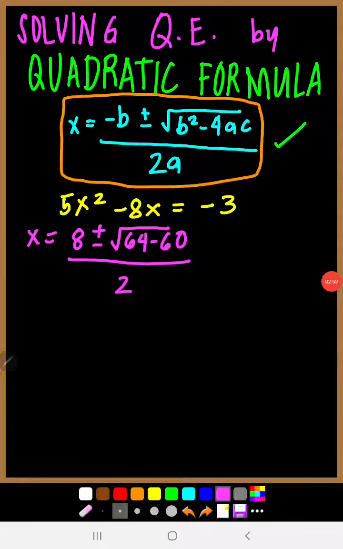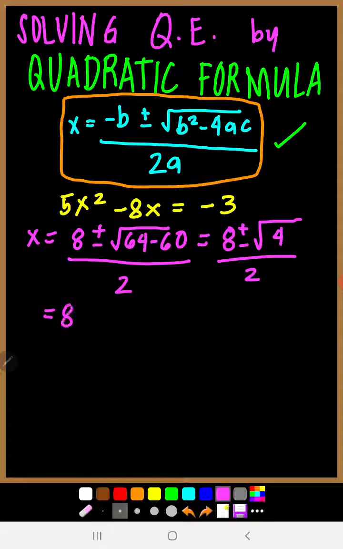So, what do we do next? 8 plus or minus the square root of 64 minus 60, which is 4, divided by 2. Then x equals 8 plus or minus the square root of 4, which is 2, divided by 2.